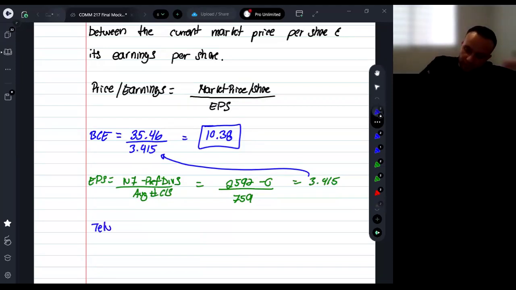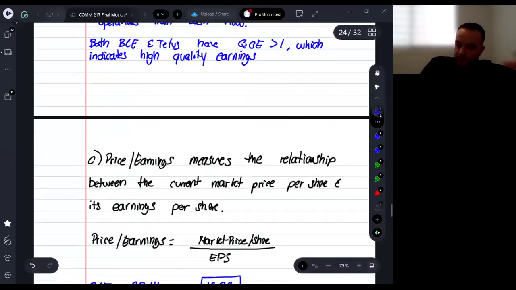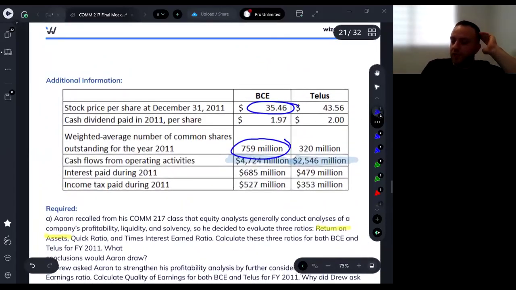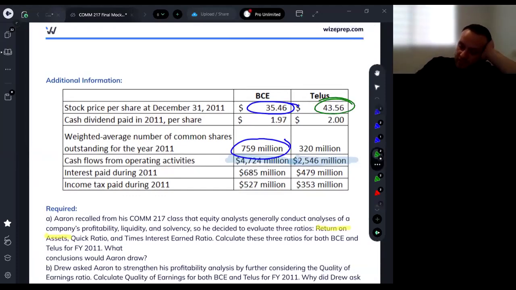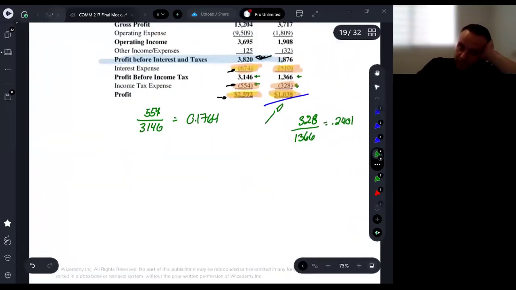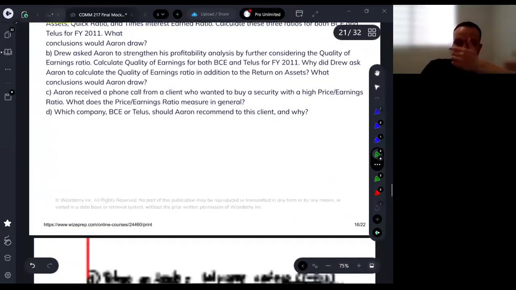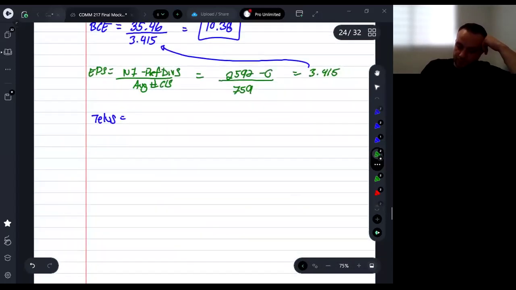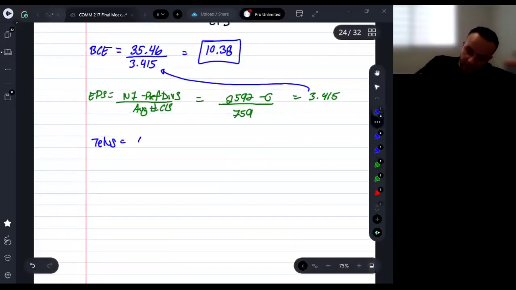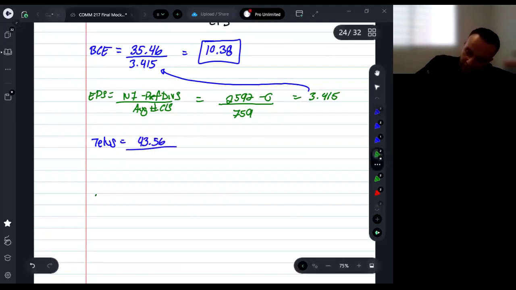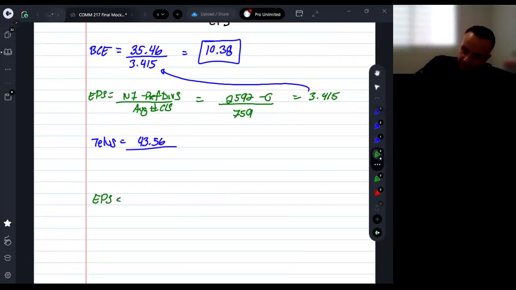And you're going to do the same thing for TELUS. By asking you to do the PE, you automatically have to do the EPS. So for TELUS, we're going to say this: 320 shares, and they have 1,038 net income. So here we said 43.56 over, we're going to figure out their EPS.